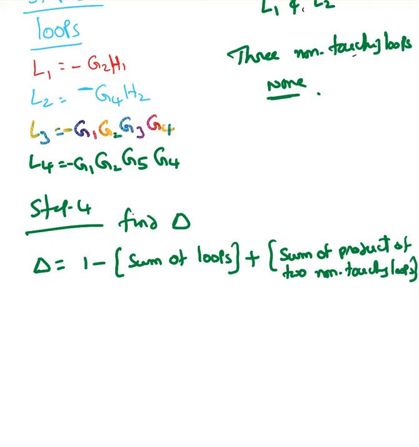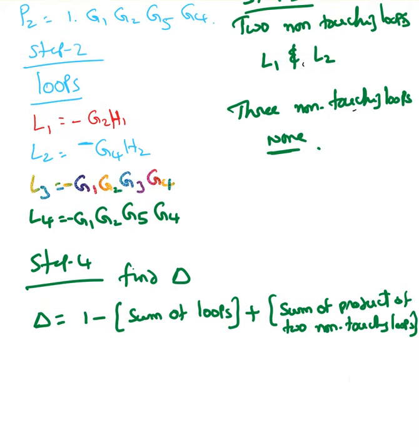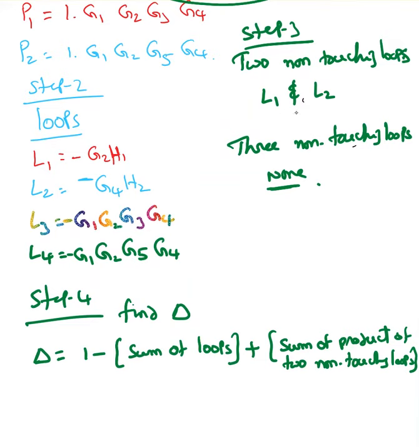What is the sum of products of two non-touching loops? I have two non-touching loops, L1 and L2. Say for example I end up with another pair, Lx and Ly, also non-touching. I'm just labeling to give you an example. The sum of products of two non-touching loops is L1 times L2 plus Lx times Ly. That's how you write it. Here I don't have Lx and Ly in this example, so I can eliminate that. All I'm going to write is L1 times L2.